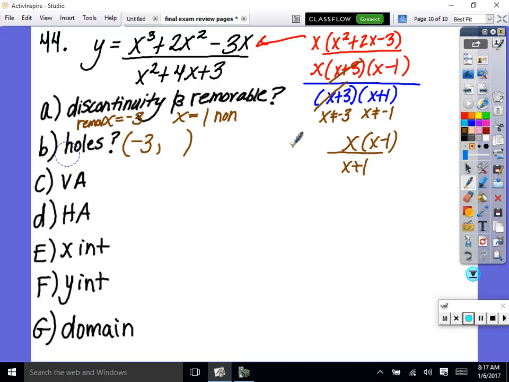So then you'll go and plug in, so we really have y equal to this new function here. Where the hole was, or the removable discontinuity, you'll plug in negative 3. So it'll be negative 3 times negative 3 minus 1, divided by negative 3 plus 1. Simplify that out, and we get negative 6.